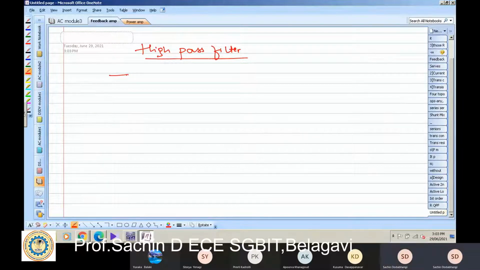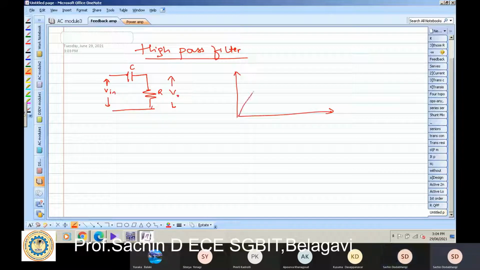So here for high pass filter, you are giving input to capacitor as well as resistor, but output is taken across the resistor. High pass filter means it passes only high frequency signal, whereas it attenuates low frequency signal.